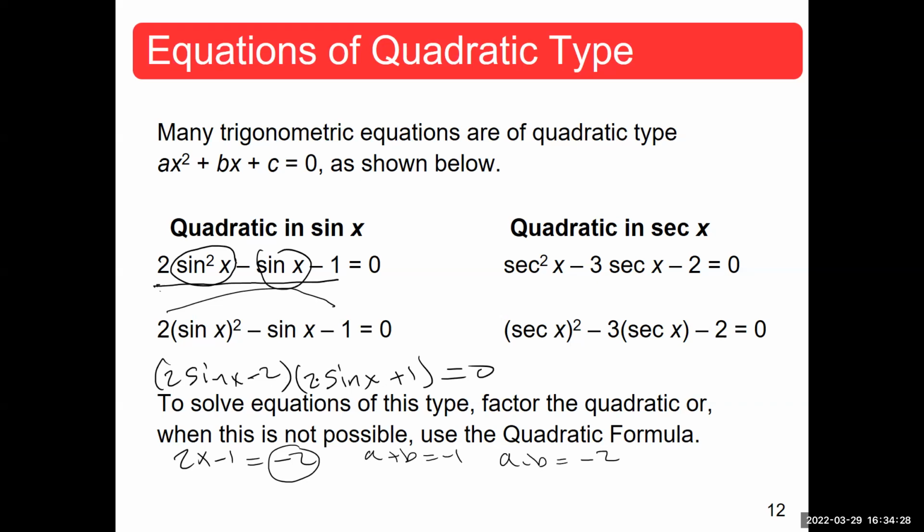Now you set the first part equal to 0, and the second part equal to 0, so you have two solutions.